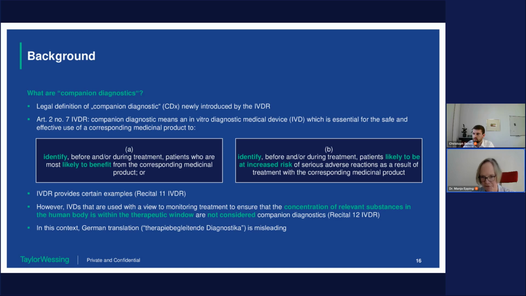Or to identify, that's point B, before or during the treatment, patients that are likely to be exposed to an increased risk by this medicinal product. So that would, of course, exclude eligibility for this product.